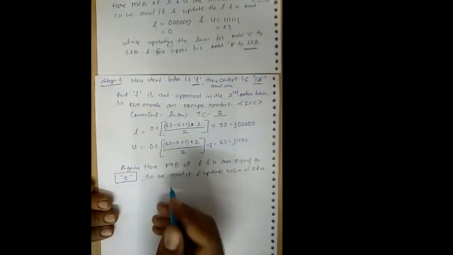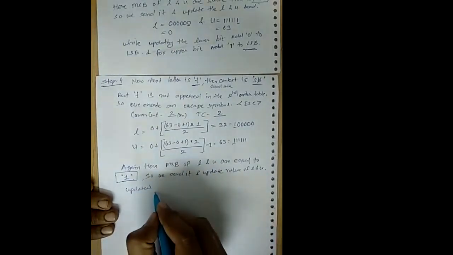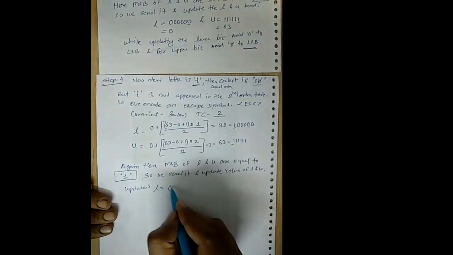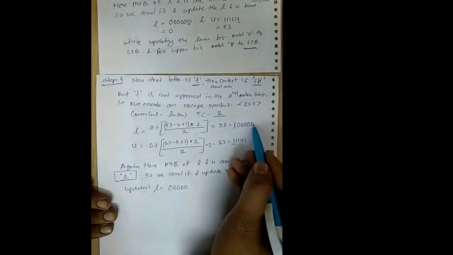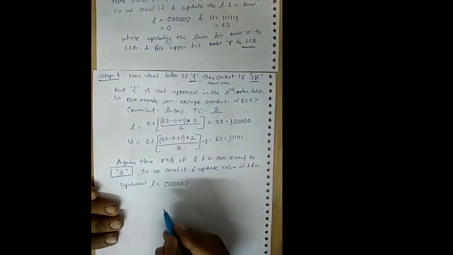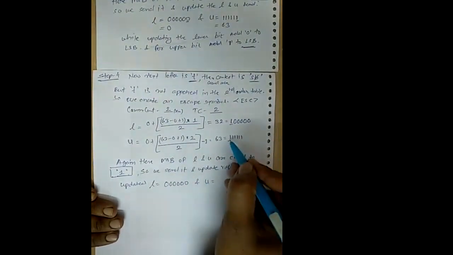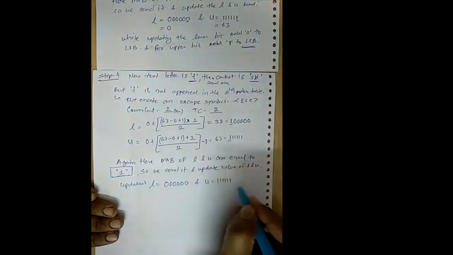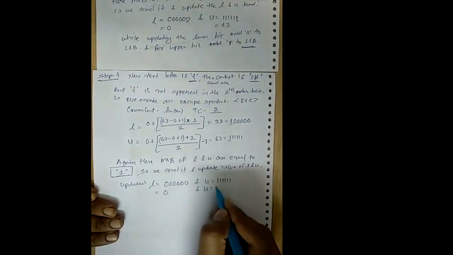After sending the 1 bit, I need to update my L and U. So new updated L will become, how can I update? तो इसका अपडेशन क्या होगा? फर्स्ट बीट मुझे नेग्लेक्ट करनी है, तो फर्स्ट बीट दैट इज 1 उसको मैं नेग्लेक्ट करूंगा और पीछे ऐड क्या करूंगा, दैट इज 0. सो माय न्यू अपडेटेड वैल्यू इज L इज बिकम डबल. एंड व्हाट अबाउट U? So that will again neglect this 1, and adding 1 at LSB will give you the same value. This one, the decimal value is 0 and this is 63.